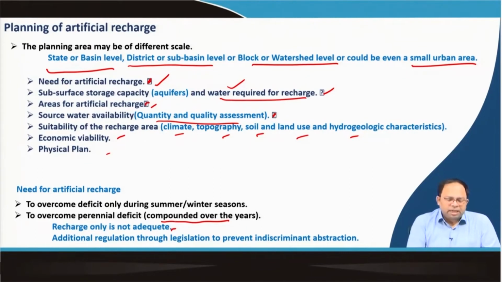So, some amount of additional regulation through legislation is required, which will prevent indiscriminate abstraction in this particular place as well. In some places just additional recharge is good enough, because overall the demand and supply could be balanced, whereas for other areas we need to have some amount of prevention of groundwater abstraction, so that we can overcome these perennial deficits in these particular areas.